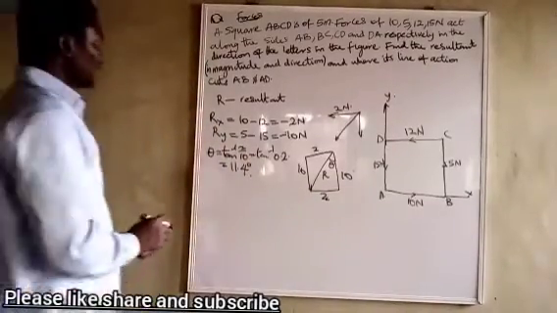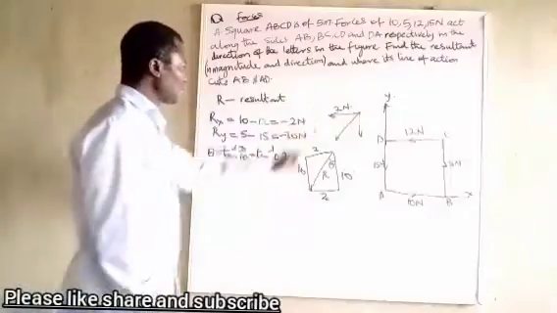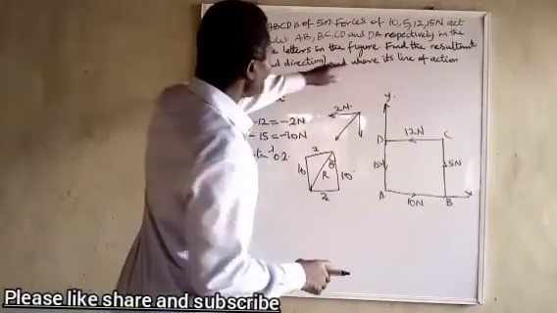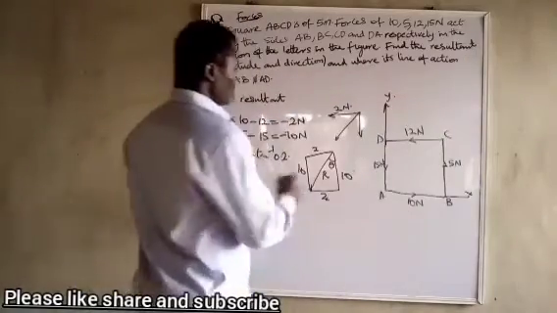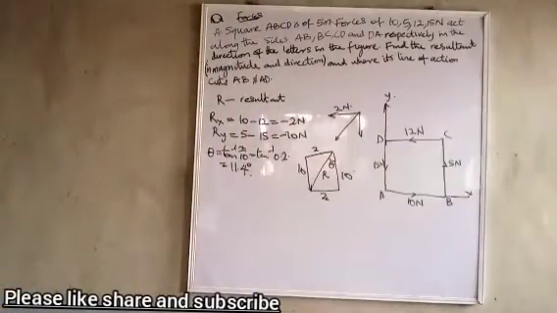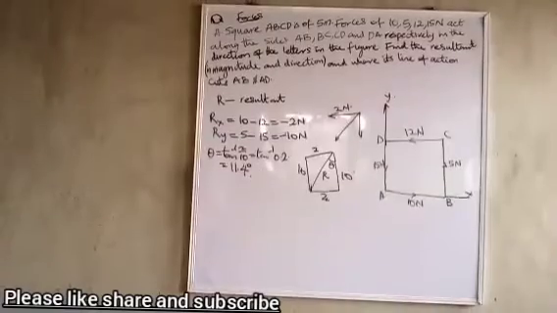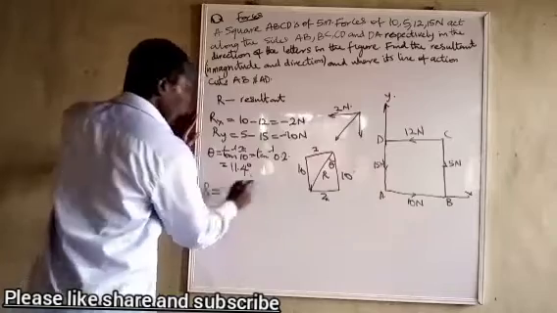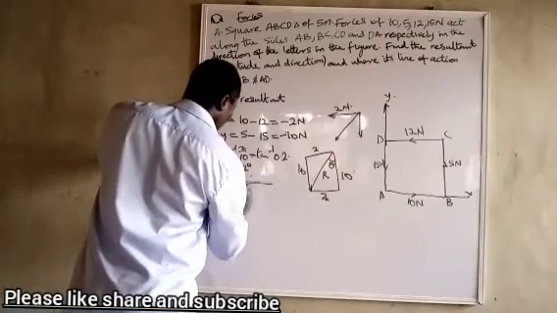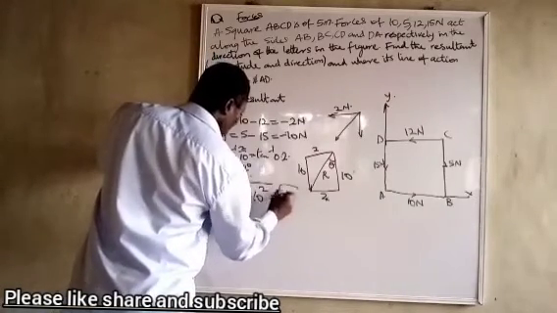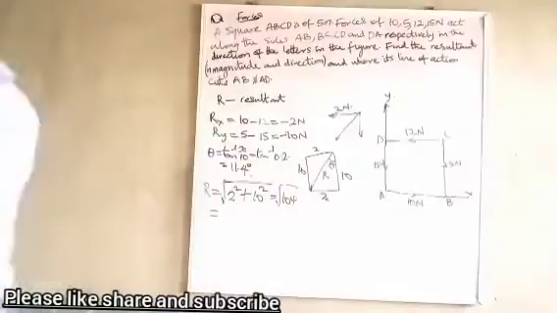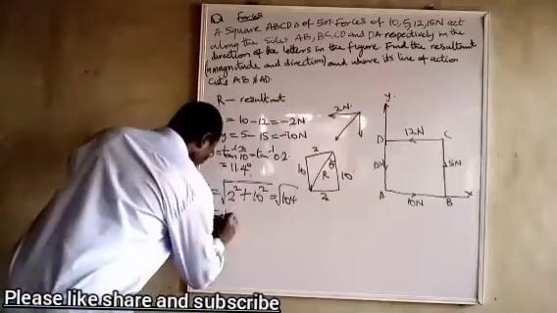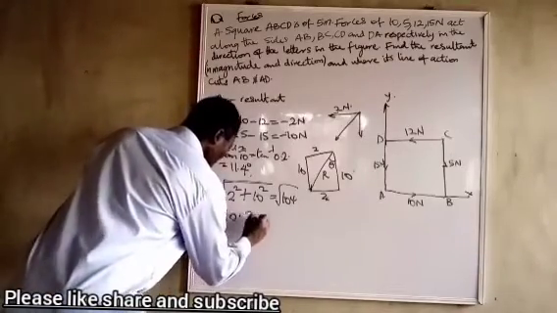We also have another question. It says, where is the line of action, and where does the line of action cut AB and AD? I will show you like 3 ways you can get that. Sorry, the magnitude of R is equal to square root of 2 squared plus 10 squared, square root 104, and that is 10.2 Newton.